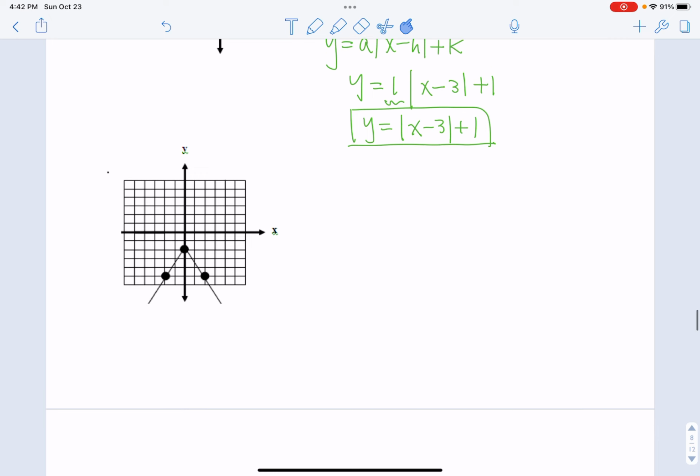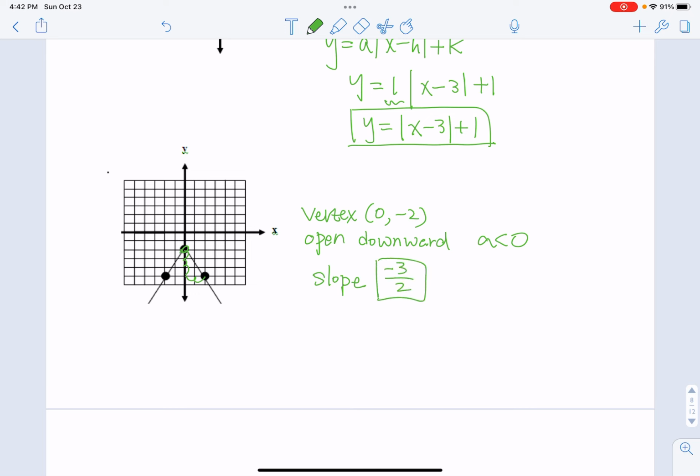And then this one, we have a vertex at 0, -2, and it's open downward. That means the a value is negative, and we find the slope. It goes down 3, 2 to the right or left. So the slope will be down 3, negative 3 over 2.